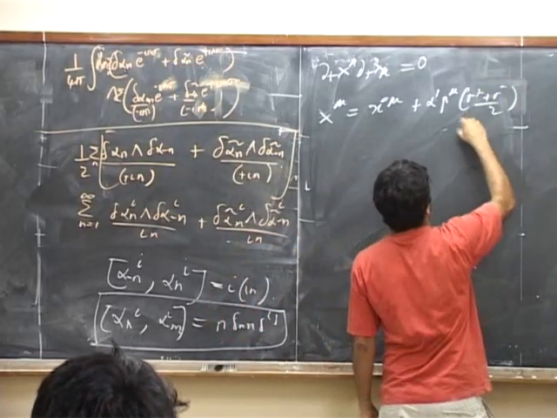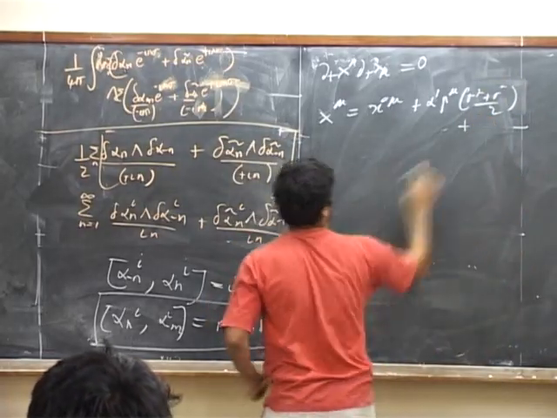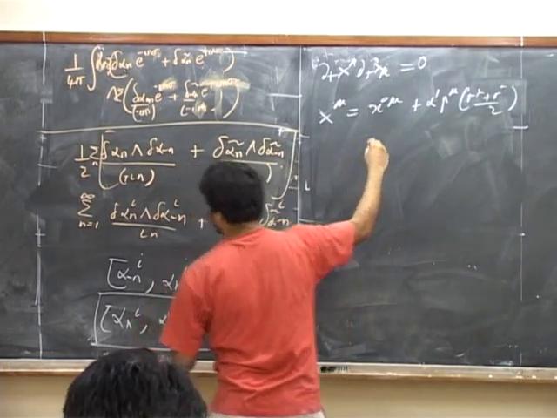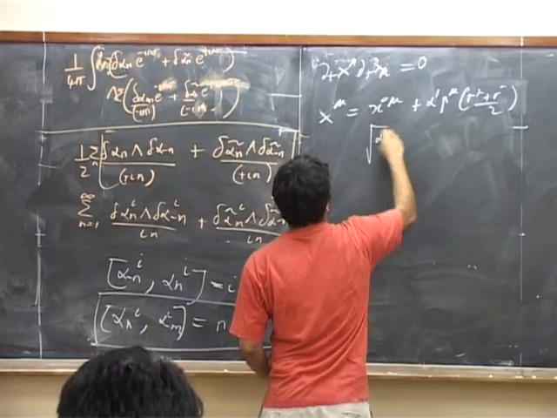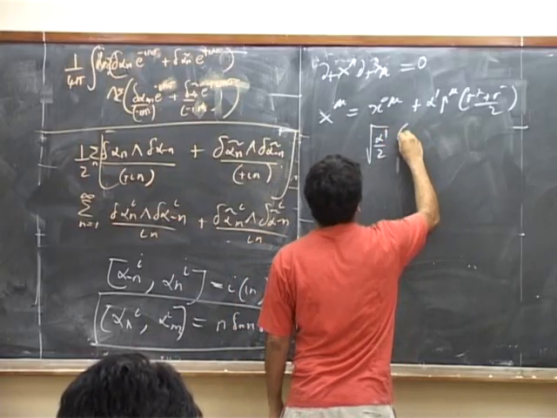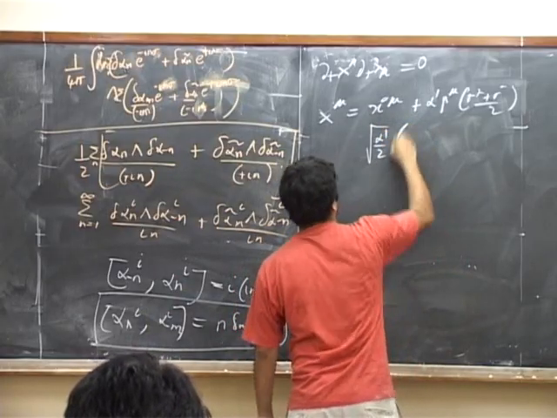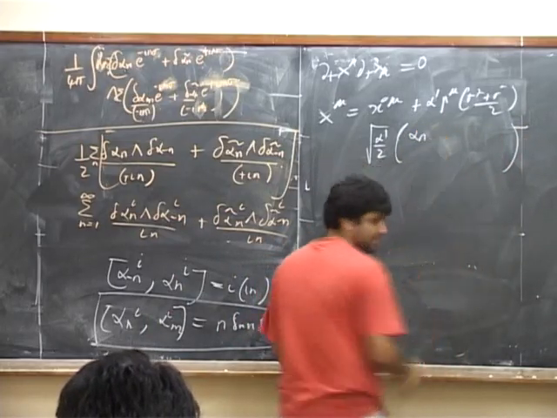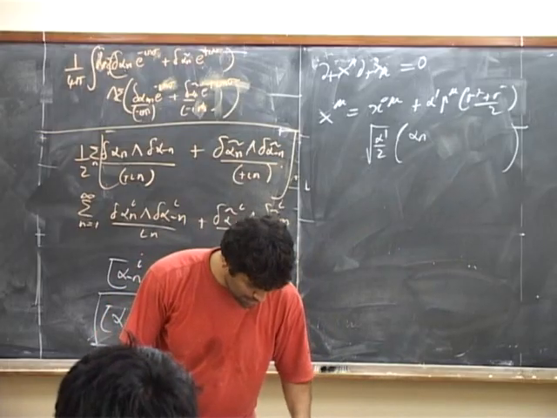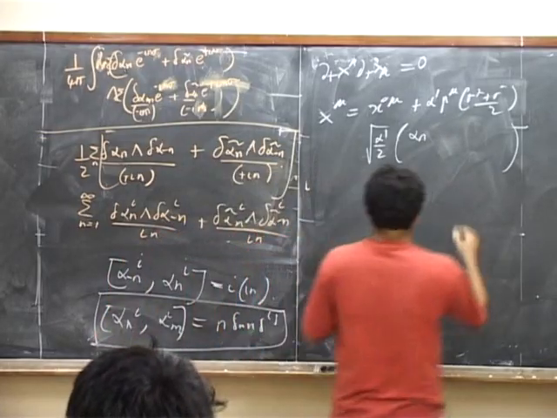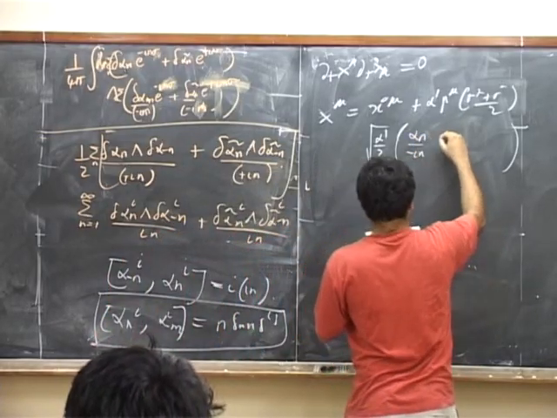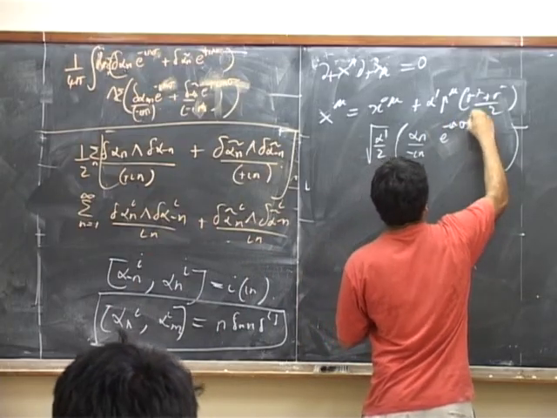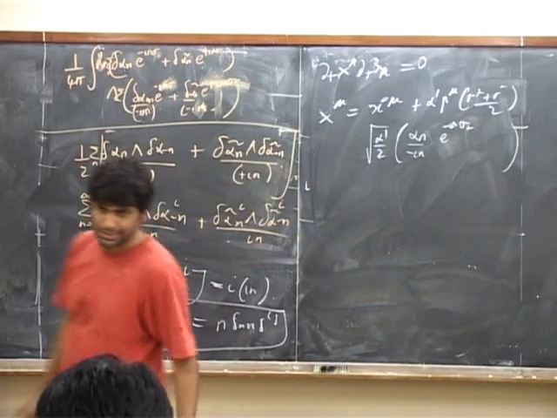Plus oscillators. In fact, let's write the oscillators. The oscillator part is only accurate for the i's, but it's square root of alpha prime by 2, and then alpha n by n, e to the power minus i n sigma plus.